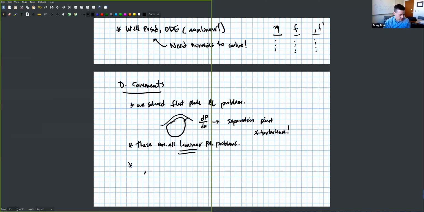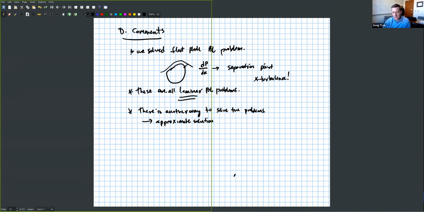Okay. The last thing I wanted to say is that there is another way to solve these problems, but it's an approximate solution. Because as you can imagine, it's pretty annoying to have to numerically solve for f, right?